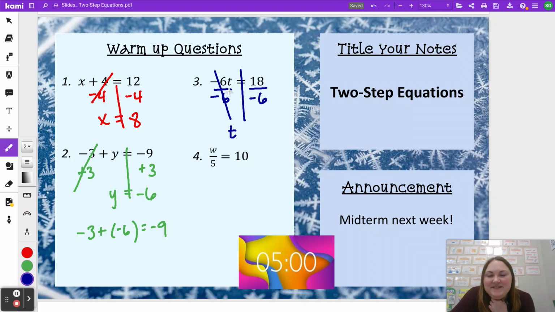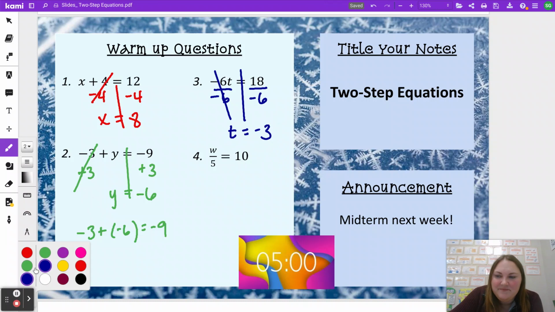This time the negative 6's cancel because negative 6 divided by negative 6 equals 1, and 1t is just the same thing as t. So similar to number 2, it's canceling out, but for a different reason. Here we just want to get 1t, or t by itself. And then on our other side, 18 divided by negative 6 equals negative 3.